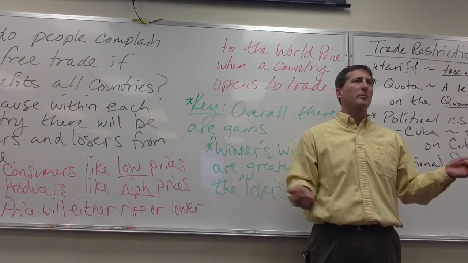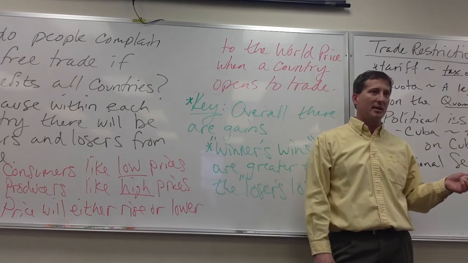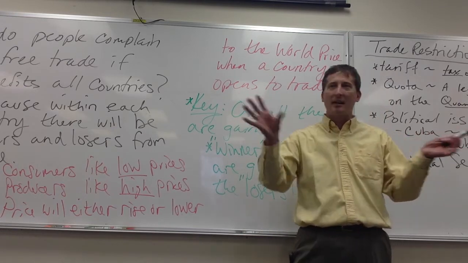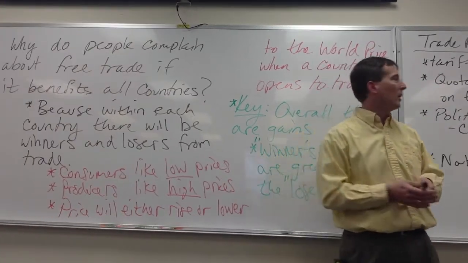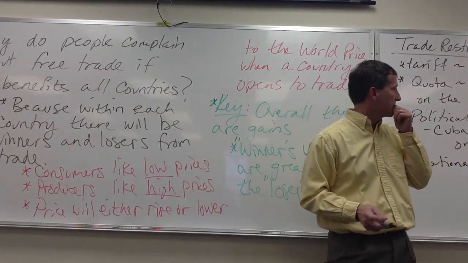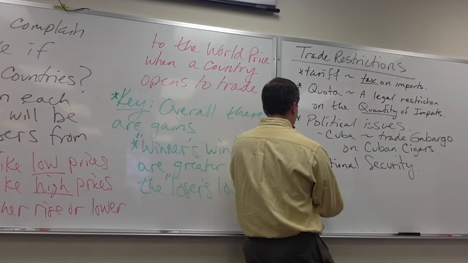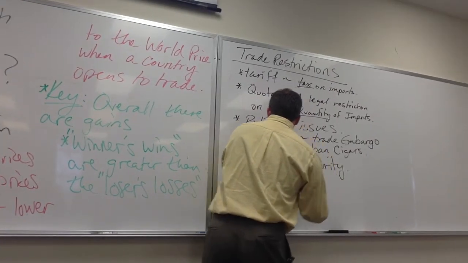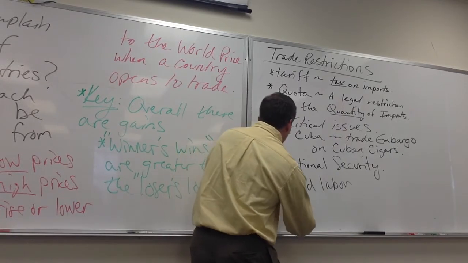And so, well, hey, we're in America. You should only have to work 40 hours. That's abuse. Whether it's not necessarily child abuse, but even in the way they do things. So those sorts of things can cause trade restrictions as well. So I'll just throw a couple of those up here. Child labor.